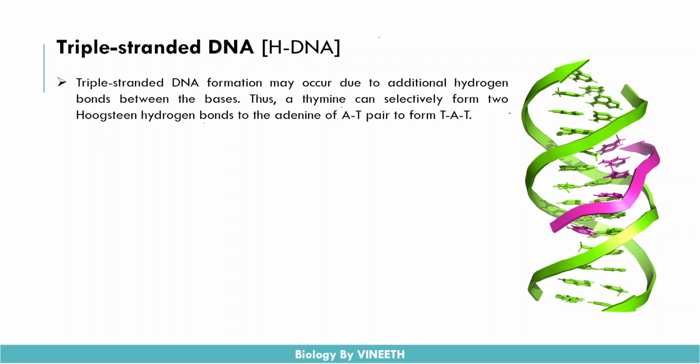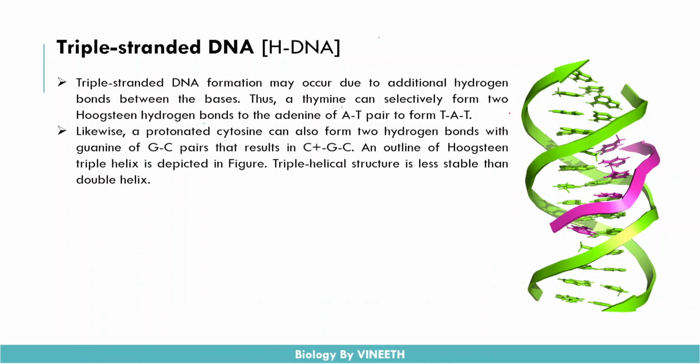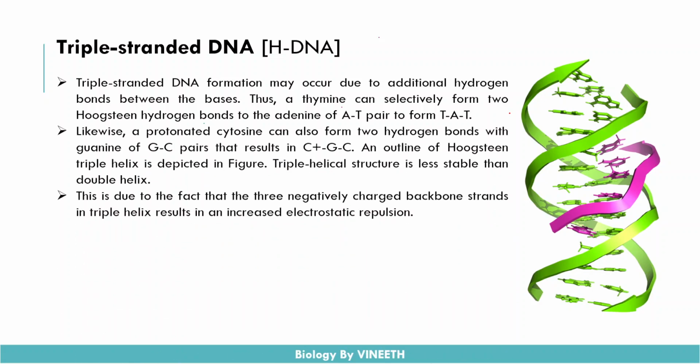Now what we have is the triple helical stranded DNA, which is also called the H-DNA, and this DNA is mainly due to the presence of an extra guanine-rich sequence. When an extra guanine-rich sequence comes and joins in between the helical strands, it is base paired with both helical strands through Hoogsteen base pairing, and they form the triple helical structure.